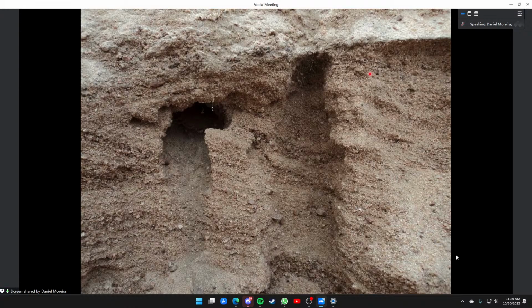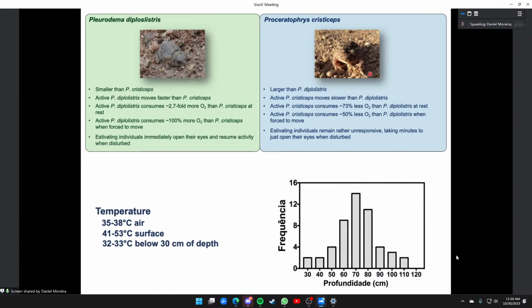And during our expedition, as I said, there are 3 species that estivate there, but we focused on 2 species: Pleurodema diplolistris on the left and Proceratophrys cristiceps on the right. So these 2, although they survive the same environmental conditions, we find them side by side in the same region. If we dig a hole in the dry riverbed, we find both of them.